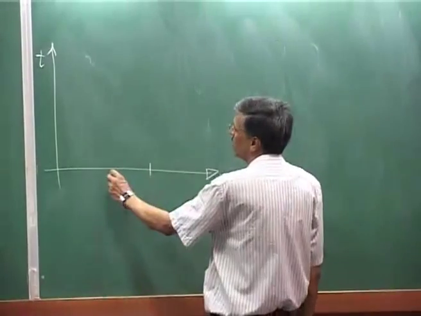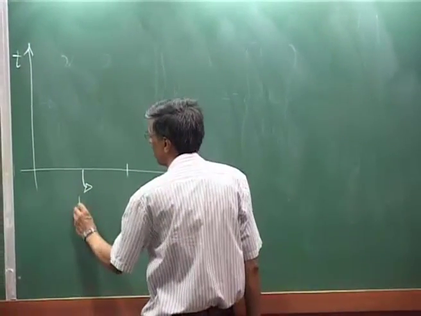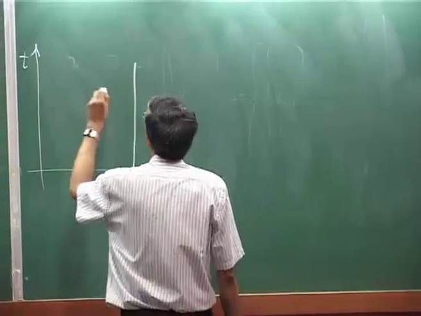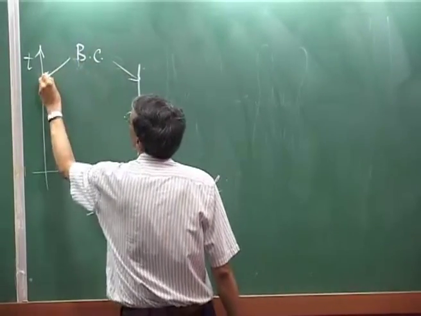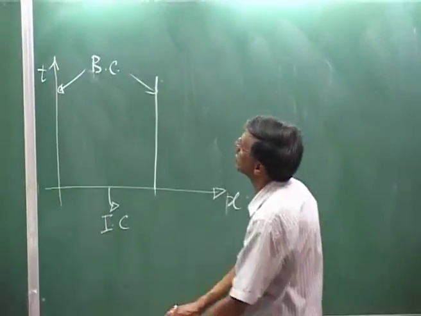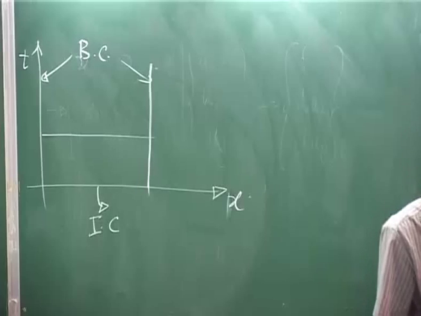So, you would be given the solution here at t equal to 0, that is your initial condition, and then of course, you would be prescribed your boundary conditions here and here. Okay. So, the characteristics suggest that your information propagates like this.